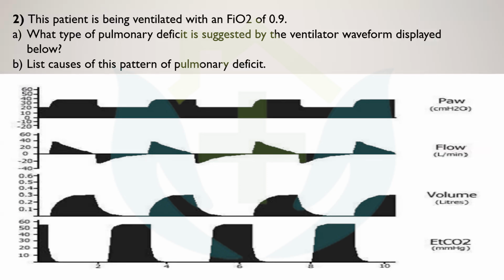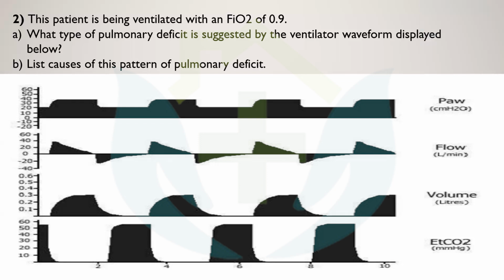Can you think about anything else in this? Very specific things are shown in this. What is the peak pressure, sir? You just need to answer what type of pulmonary deficit is suggested in this, and what are the causes of it. Sir, low minute ventilation, so we have to increase the tidal volume.